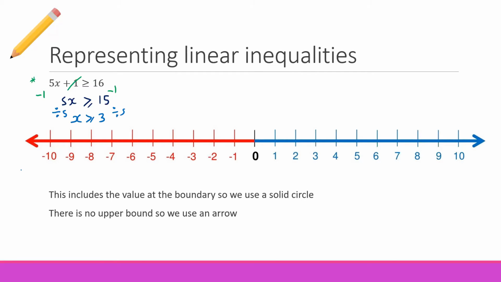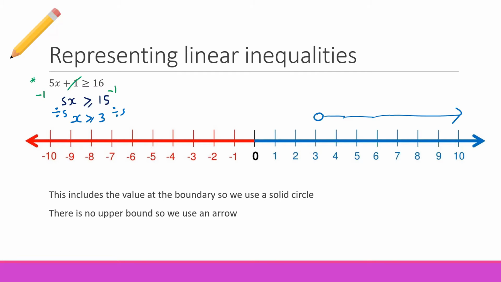Now, how do I represent that on a number line? Well, I need to draw a circle at 3, and then I need to draw an arrow upwards because it's greater than 3. So it can be 3, but it can also be 4, 5, 6, 7 or 8. So I'm going to draw an arrow like this.